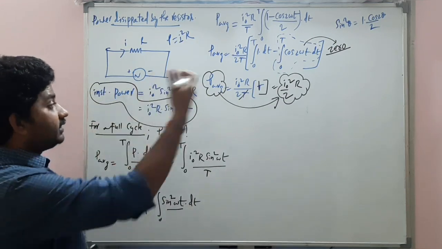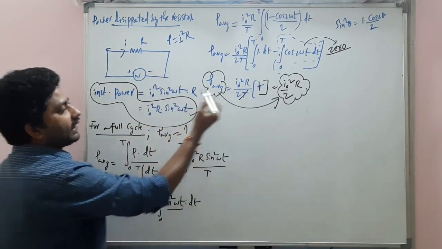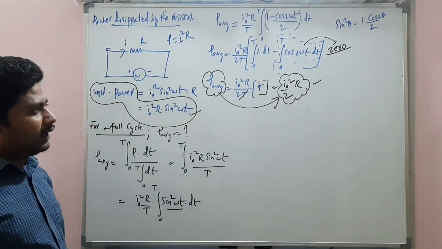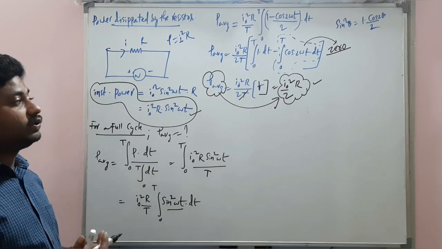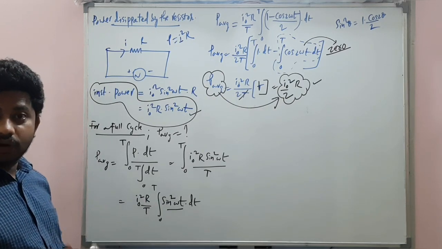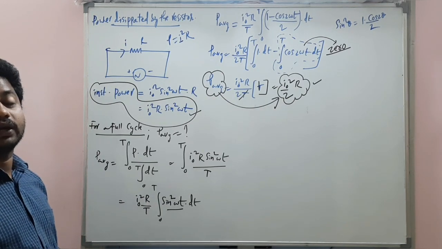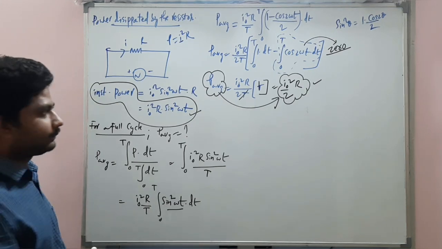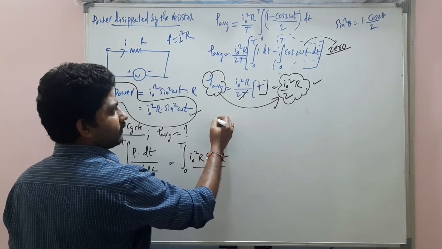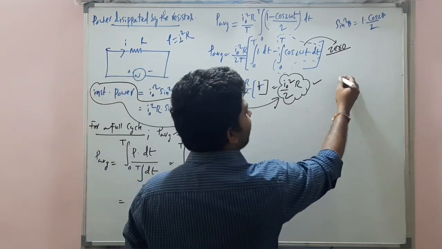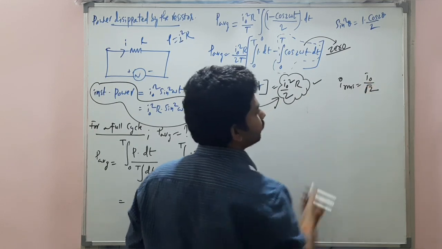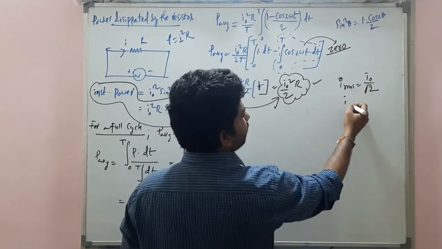Now the interesting thing here: instantaneous value of power is this one and average value is this one. Let's write this average value, carefully see, in terms of RMS current. We have IRMS is equal to I naught by root 2. So let's square this.